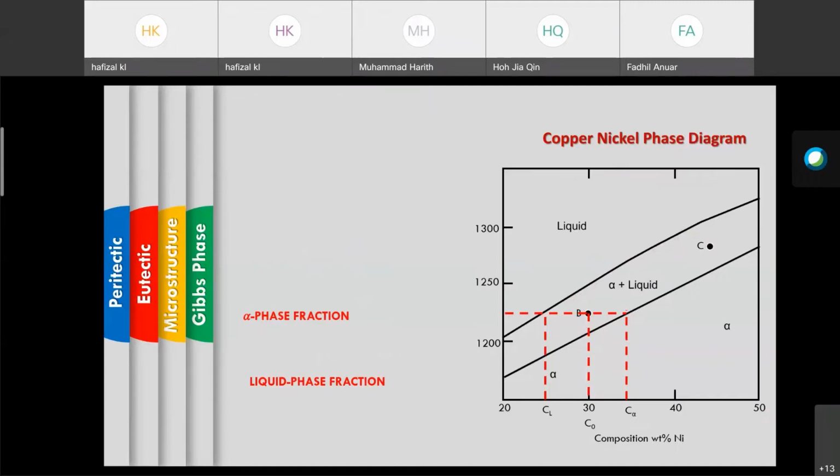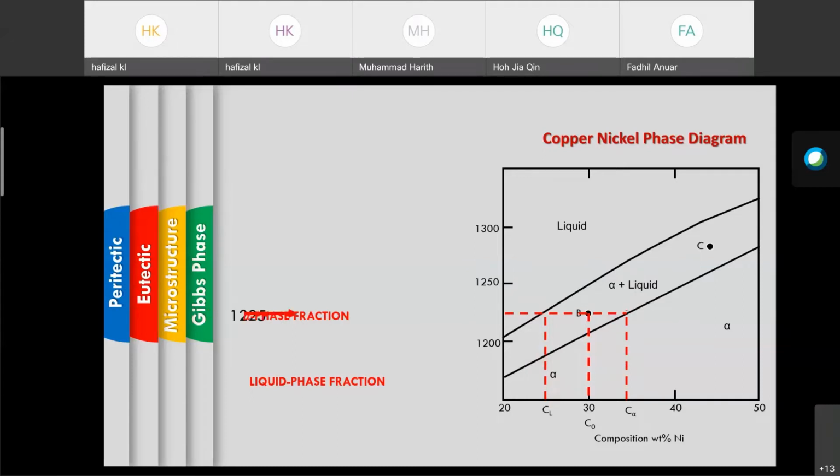So at point B, we need to draw a tie line to indicate the cross section at the solidus line and also the liquidus line. Then we make a projection to the x-axis to determine the composition of alpha and the composition of liquid. So here you can make a guess or approximate of the values of C alpha and CL.